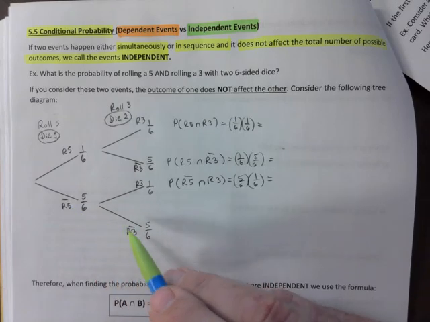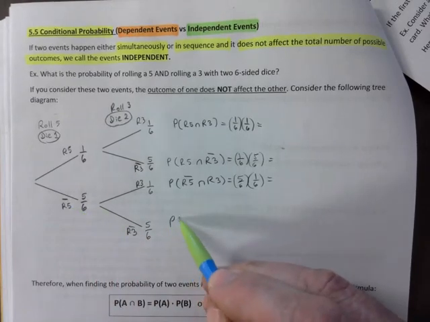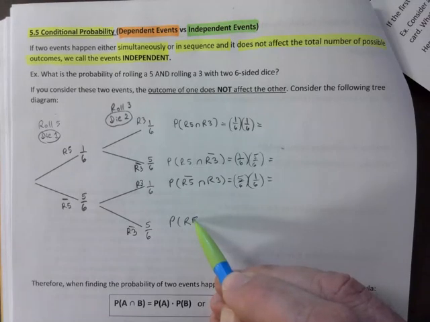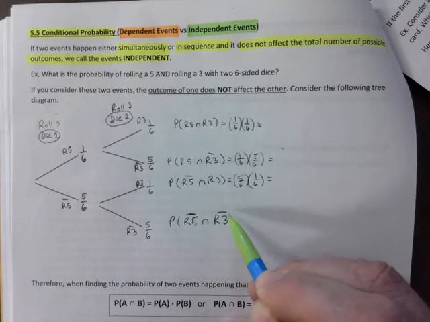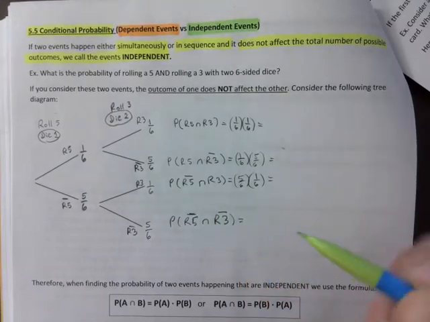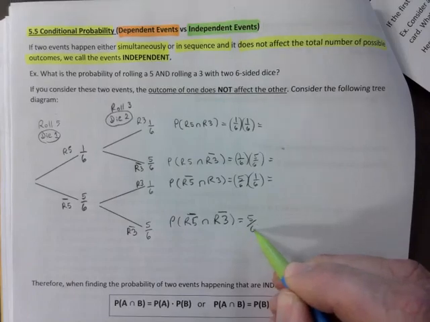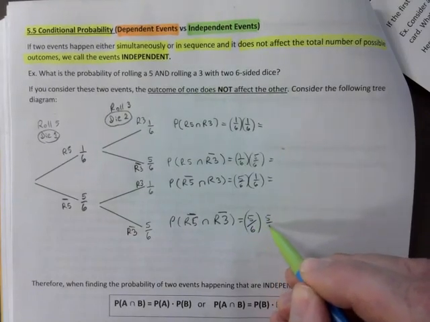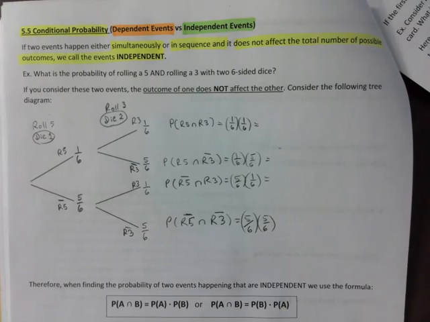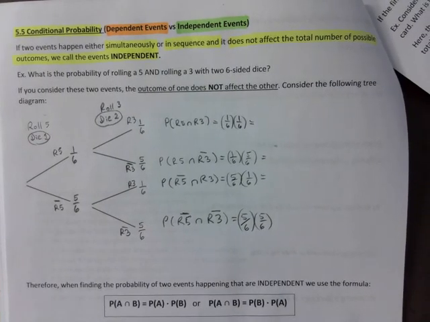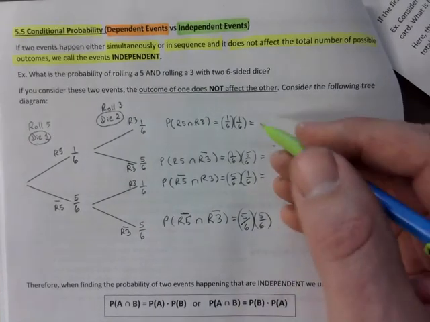And then you come down, way down here is probability of not rolling a 5 and also not rolling a 3. So that's 5 over 6 times 5 over 6. You may want to turn it into a decimal if you want, but you don't have to.